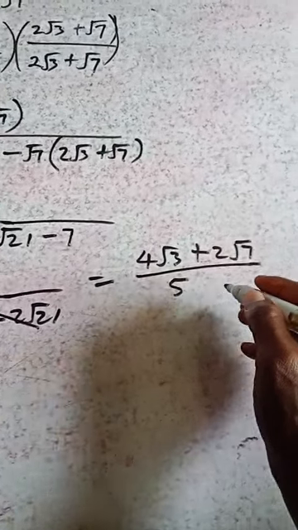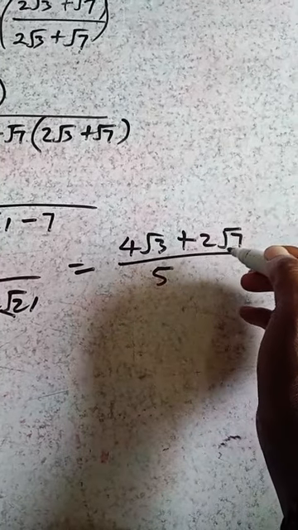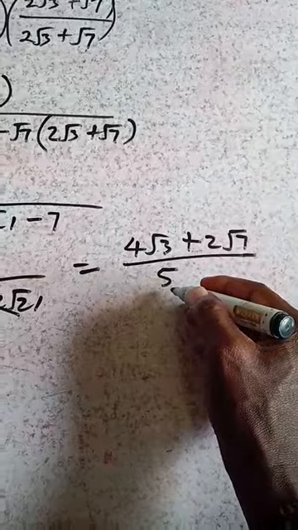So we'll be left with 4 root 3 plus 2 root 7 all over 5.